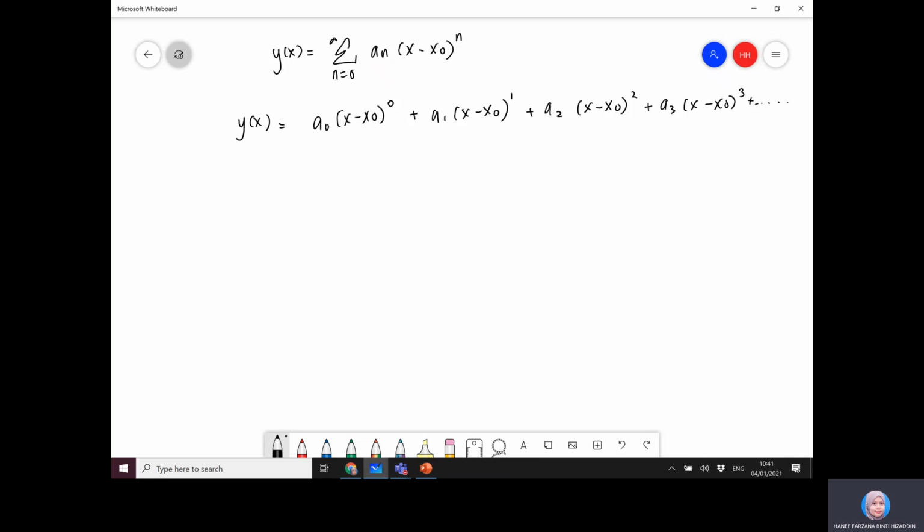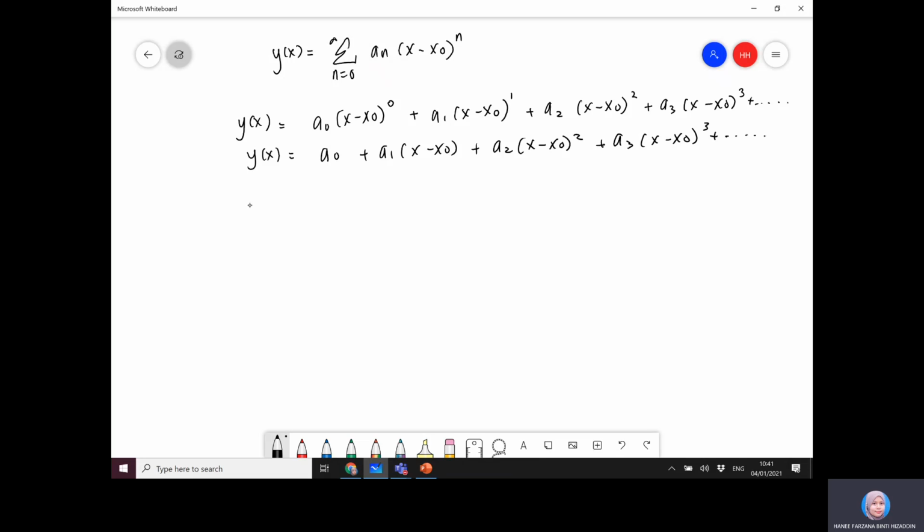Let's further simplify this. So this is a naught plus a1 times (x minus x naught) plus a2 times (x minus x naught) squared plus a3 times (x minus x naught) cubed, and so on.